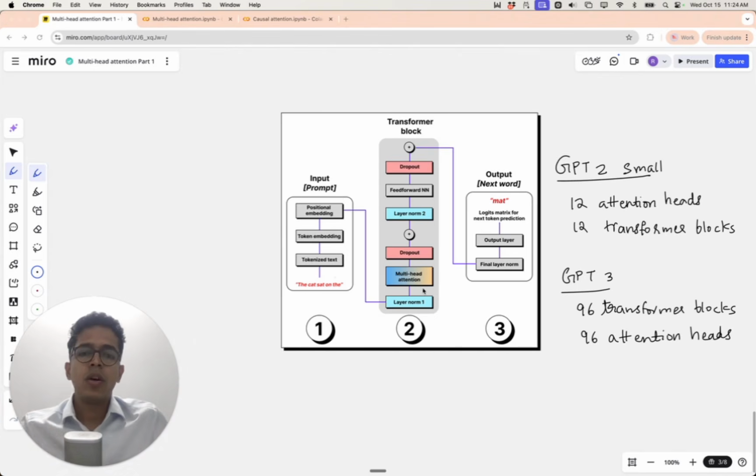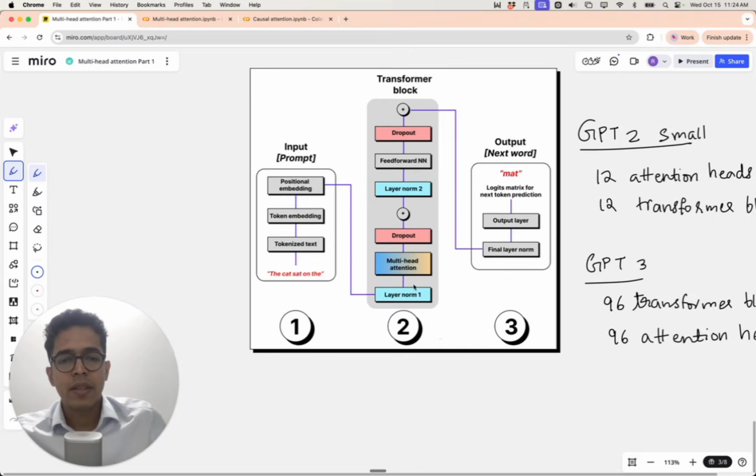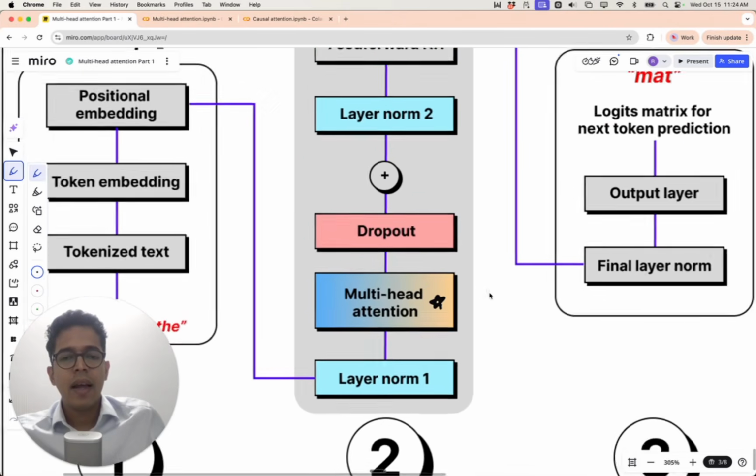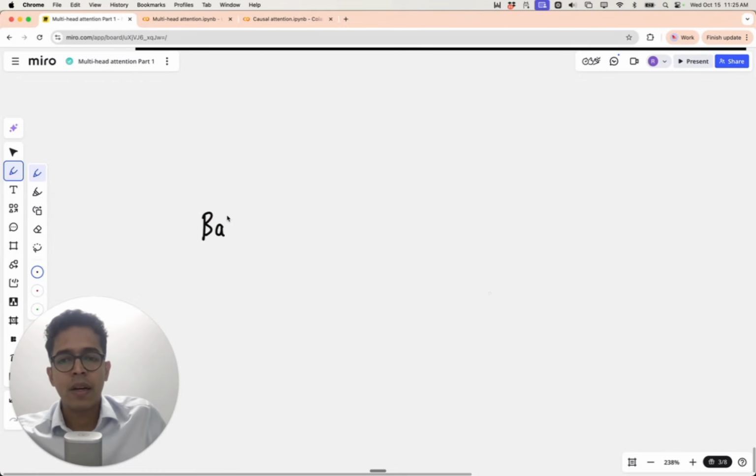But there we did not go into the details of multi-head attention. We kept multi-head attention separate, but we looked at the rest of the architecture. And then we started to discuss attention. First we started with Bahdanau attention in the context of neural machine translation.